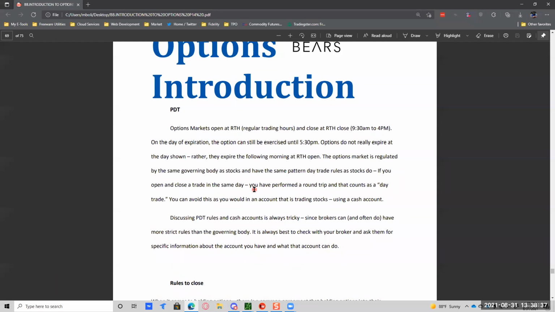But back to the book, there is PDT when it comes to trading options, and it's the same PDT rules that we would have trading stock. That means if you're running a cash account, you don't have to worry about PDT. But of course, there's a little asterisk connected to that because some brokers will develop their own rules.